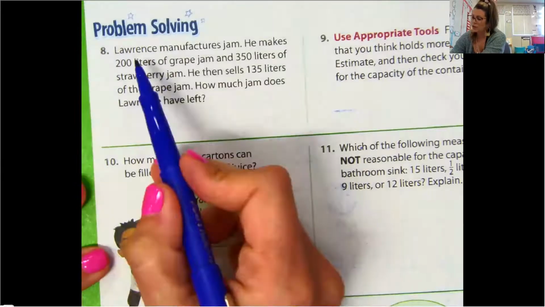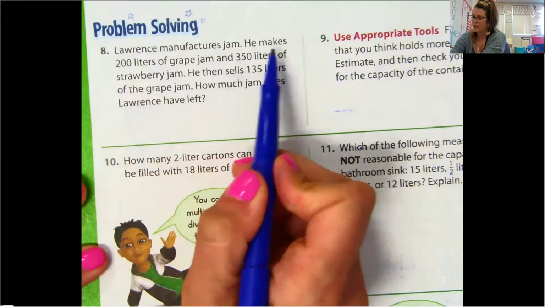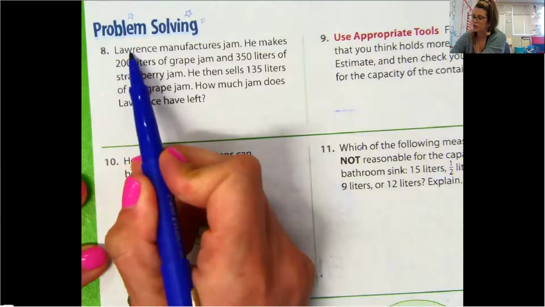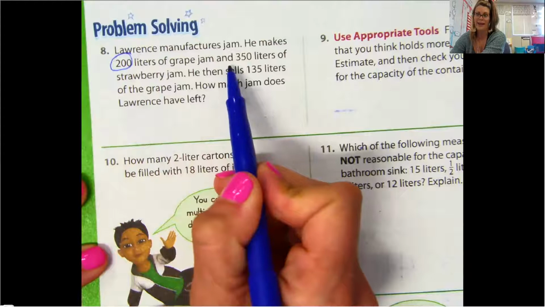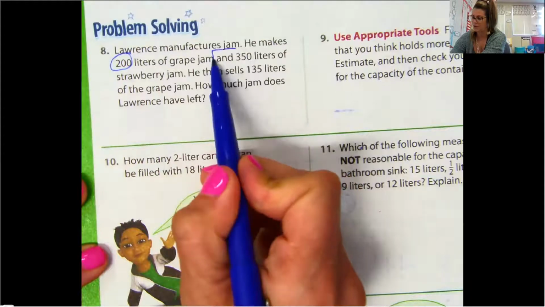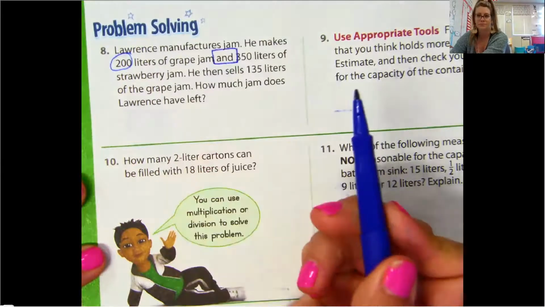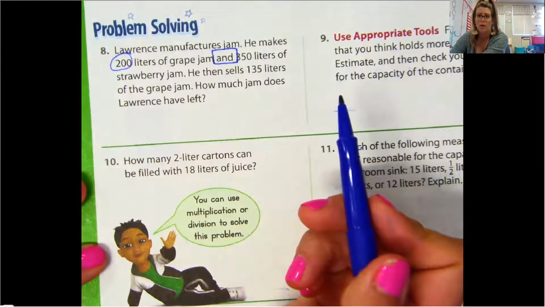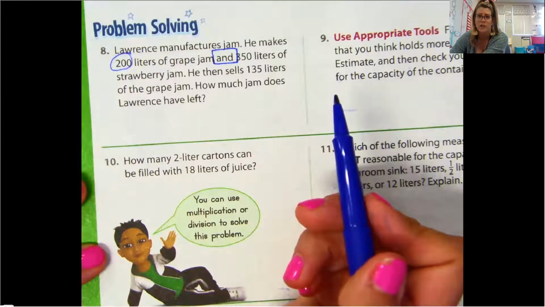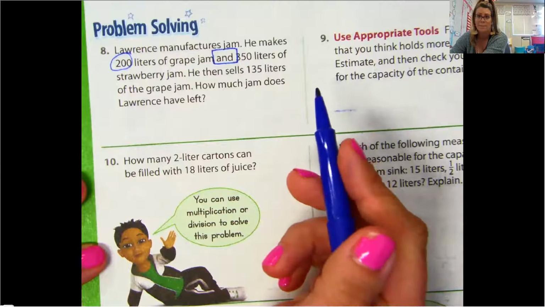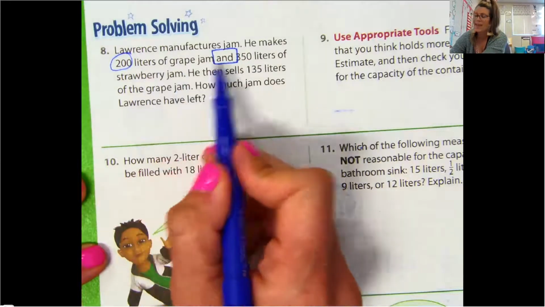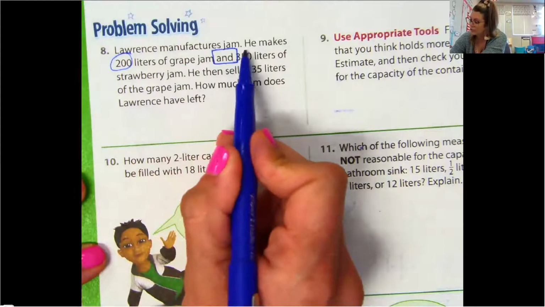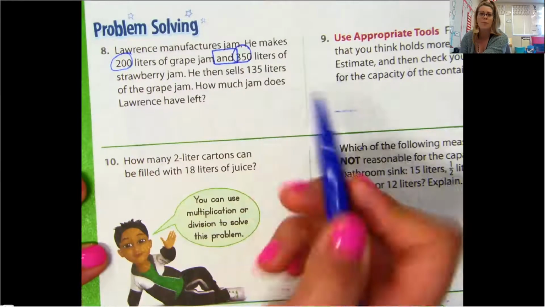Okay. Lawrence manufactures jam. He makes 200 liters of grape jam. And, box that baby. What's and mean? You should be telling me and means what? Adding, right? So he has 200 liters of grape jam and 350 liters of strawberry jam.